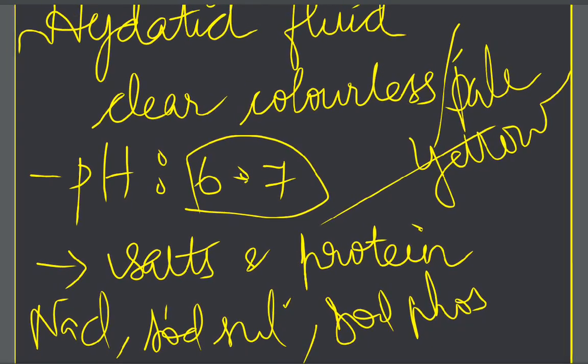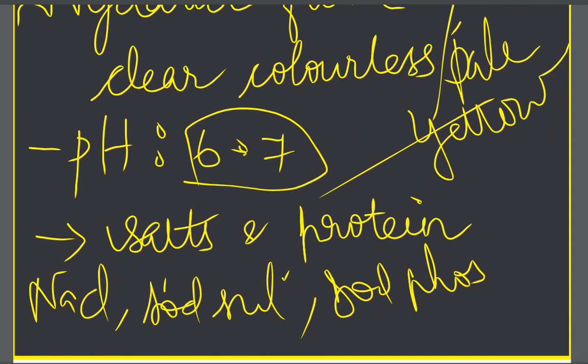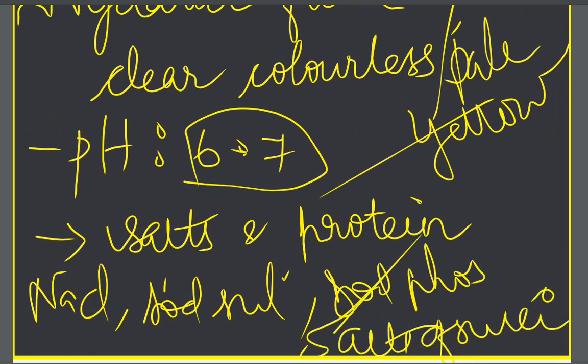These are the important salts that are present, and salts and proteins are the major composition of hydatid fluid. Among salts, sodium chloride, sodium sulfate, potassium, sodium phosphates and salts of succinic acids are present.